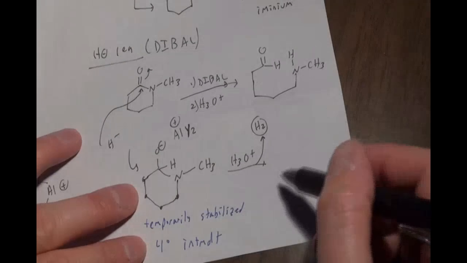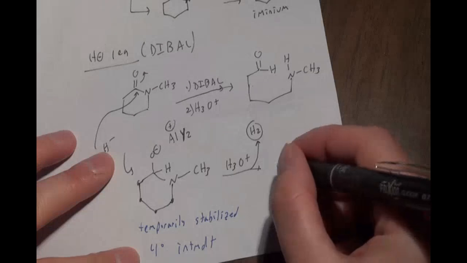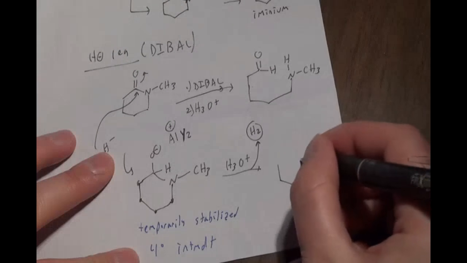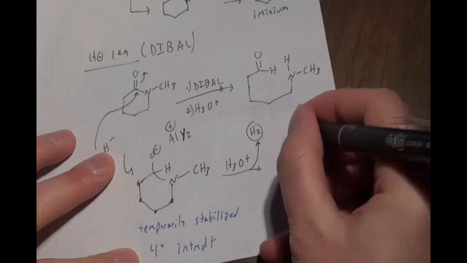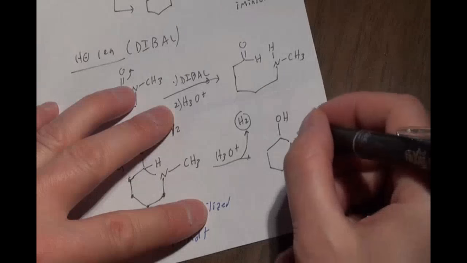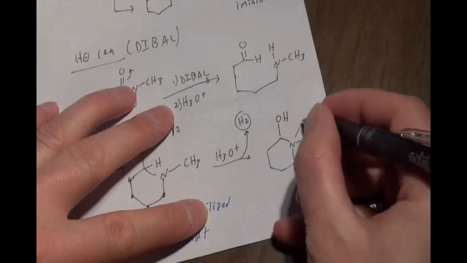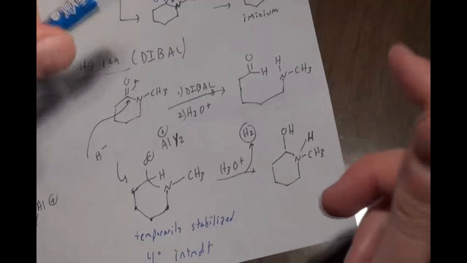The second thing it does is oxygen grabs a proton from H3O. So now you have your normal tetrahedral intermediate. This probably also gets protonated because it's nitrogen, right? So now we have that. Actually, yeah, that's right.